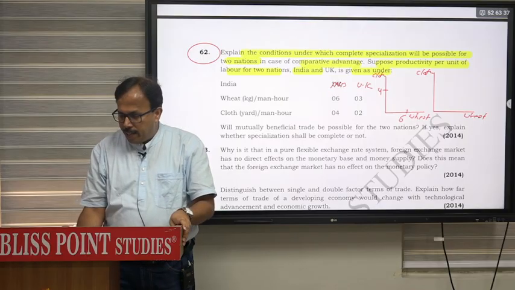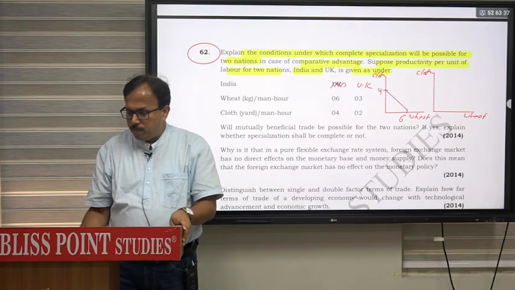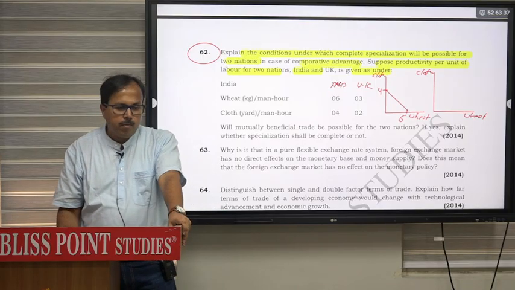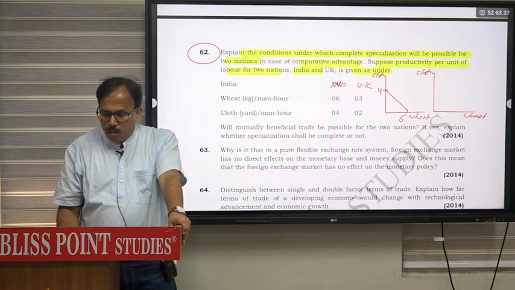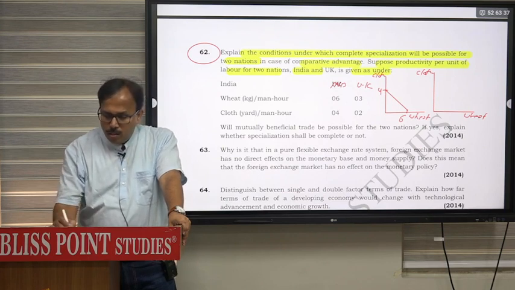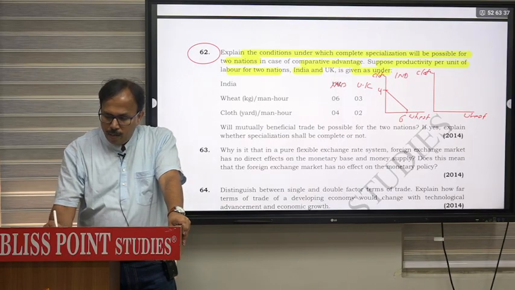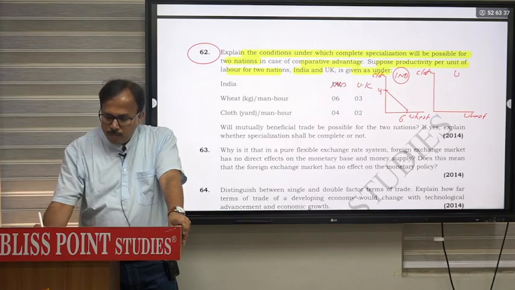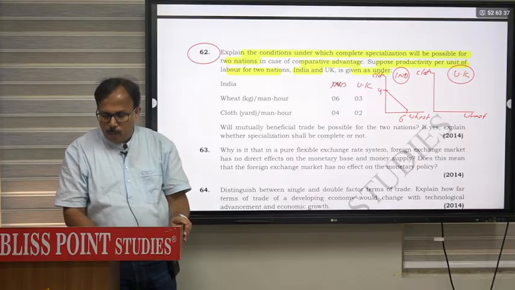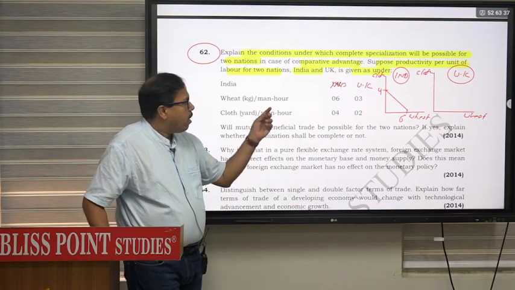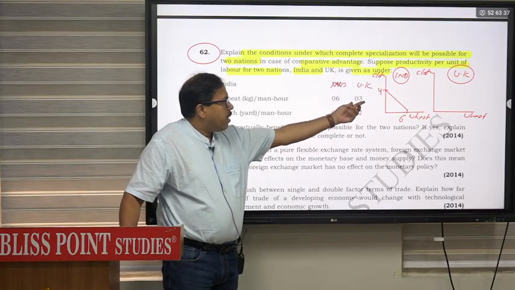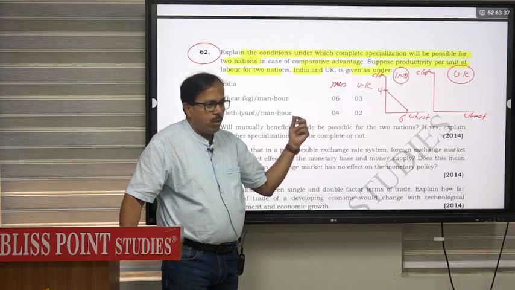And connect with a straight line. This left side is for India, right side for UK. So for UK it will be 3 wheat and 2 cloth.